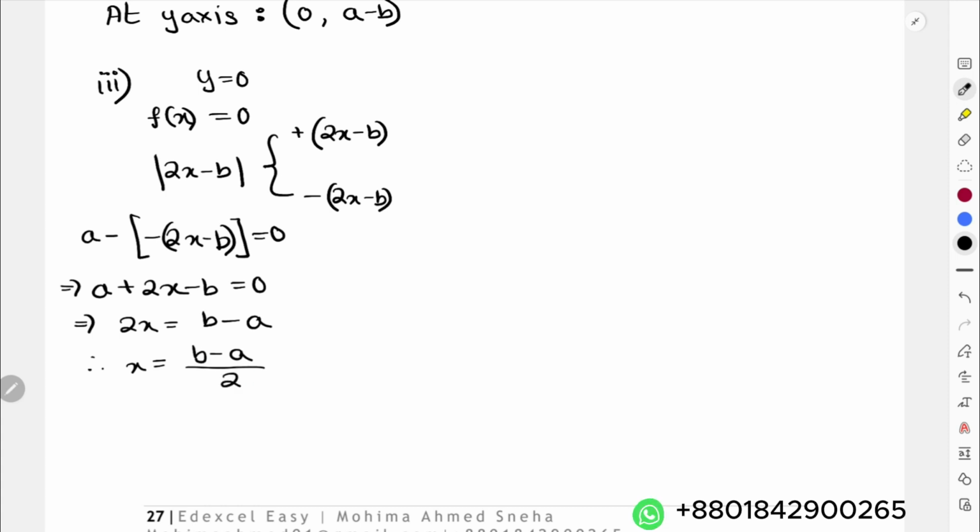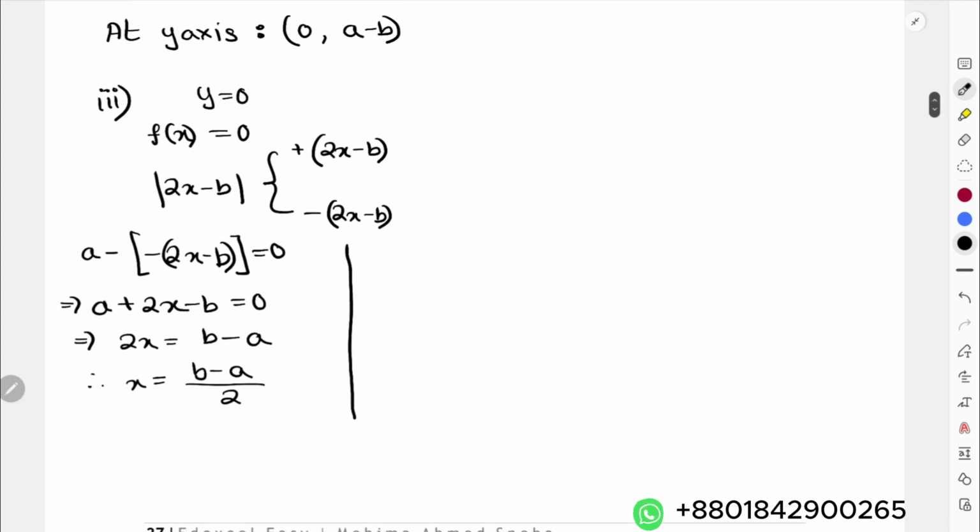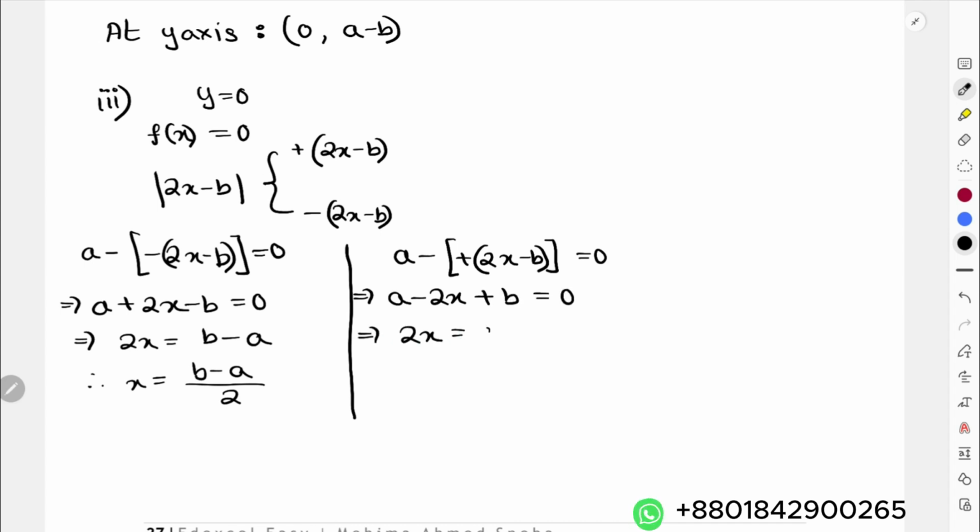This is one solution, and the other solution could be where we consider a minus, plus 2x minus b, that is equals to 0, and there again we get a minus 2x plus b equals to 0, so you get 2x equals to a plus b, and finally you can write this as a plus b divided by 2.